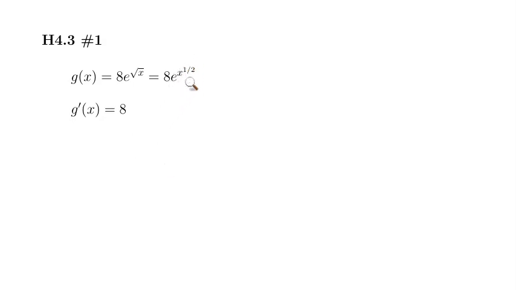Whenever you take the derivative of an exponential function, first thing you do is copy exactly the same thing. So e to the x to the 1/2 power. Then multiply by the derivative of the power, because this is basically the chain rule.